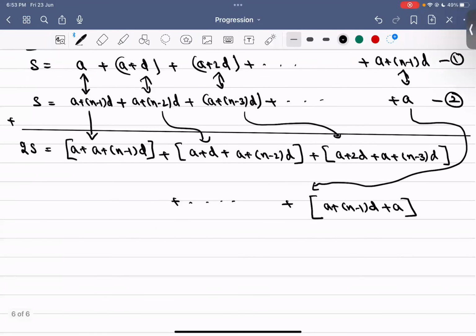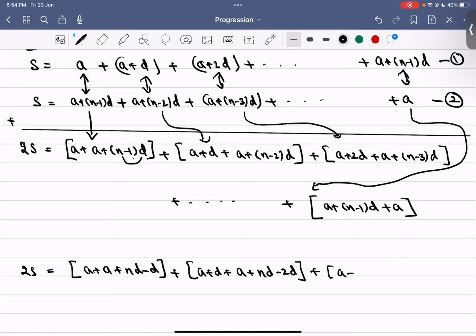Now 2S is equal to, you open the bracket, then what you get? A plus, if you open the bracket, ND minus 1 into D, that is ND minus D. Plus here also A plus D plus A, ND minus 2D.